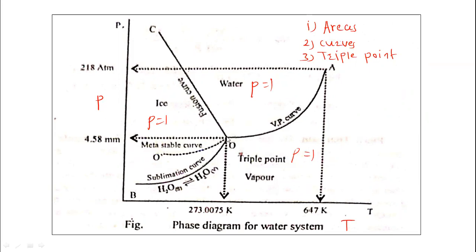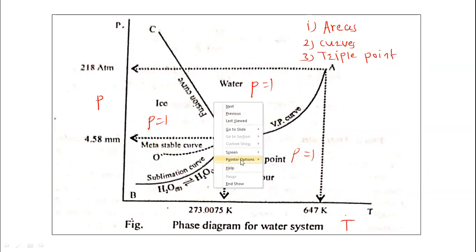Now, if we continue this curve AO into this area of ice, this dotted curve represents a metastable equilibrium, and it is the curve OO dash.